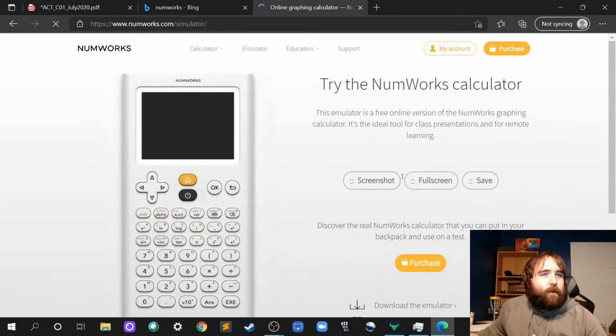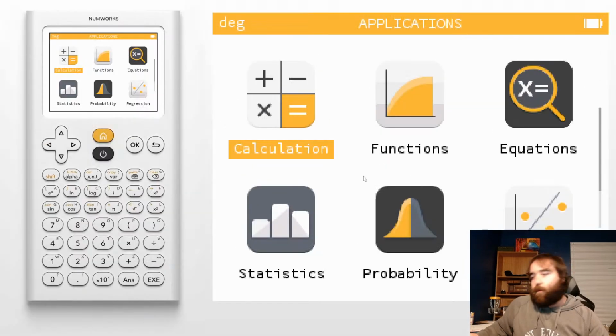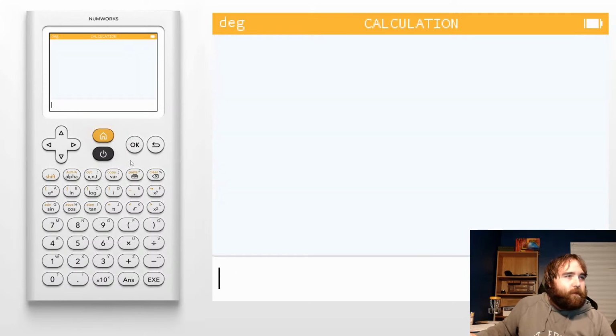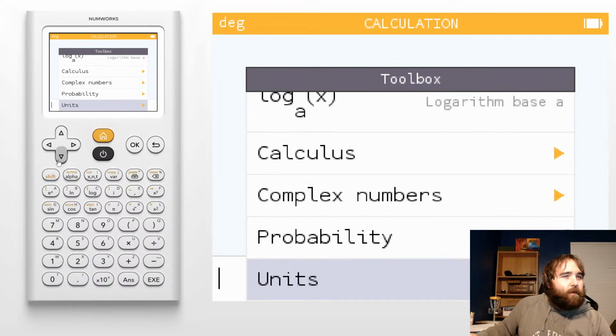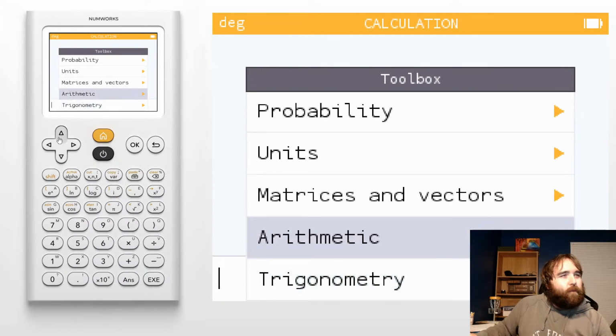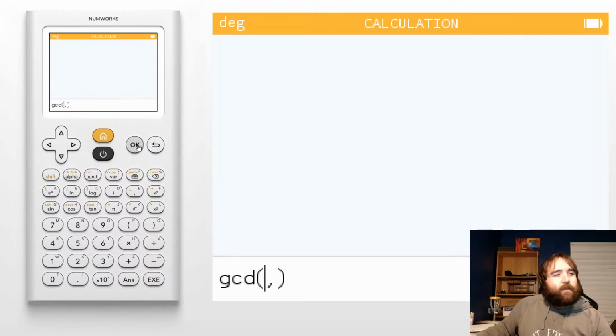Let's see. Is that good to look at? What about full screen? Oh, yeah, that's better. Ooh, that's much better. So you should be able to go to library, arithmetic. Yeah, GCD. They only show it with 2 numbers. I wonder if you can do it with more numbers.